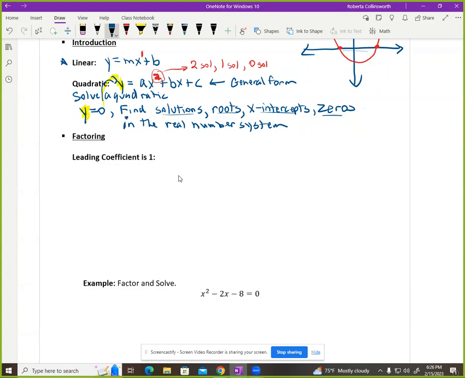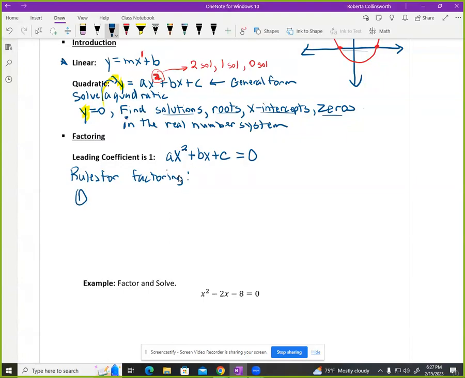Okay, so factoring a quadratic, we said that we're going to take our quadratic, and instead of having a y here, we're going to set it equal to 0. And I want to find out how to factor. So I'm going to write this set of rules before we ever do anything.